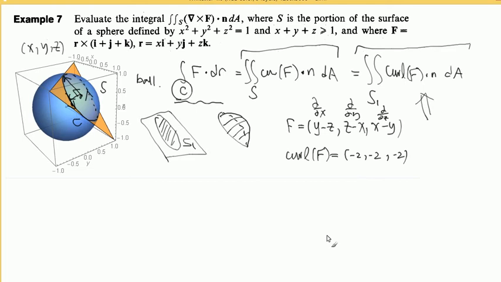Fair enough? So if that's -2, and if you know the direction of this vector, the normal vector for S1, which is part of this plane, right? What is the normal vector of this plane? 1, 1, 1, right? If this is -2, it had better be -2, -2, -2, which you will verify by calculating the curl as well. But this should coincide with this plane because we chose S1 instead of the actual S.